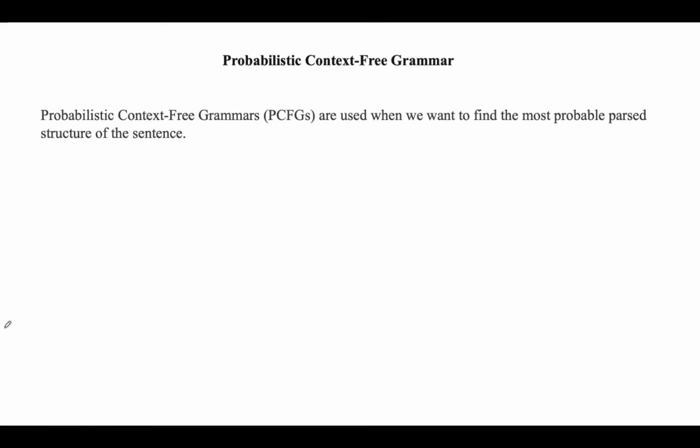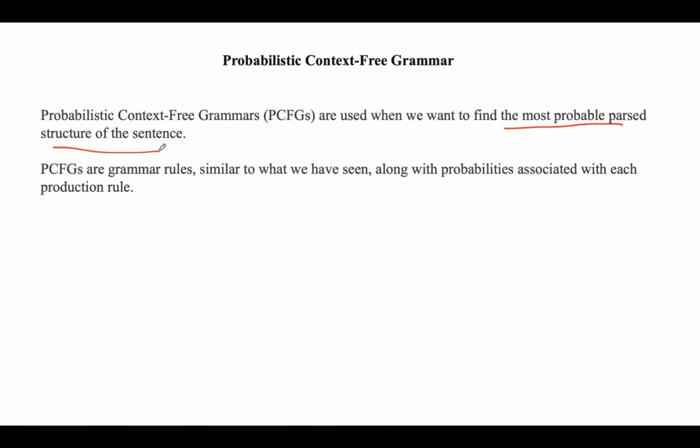Probabilistic context-free grammars are mainly used when we want to find the most probable parse structure of a sentence.